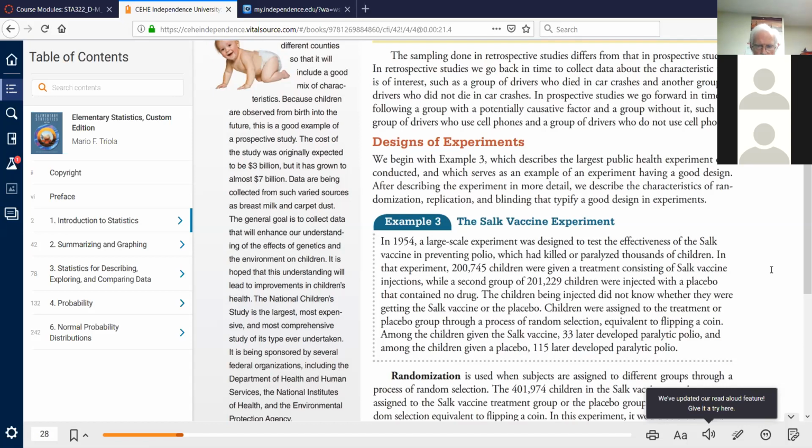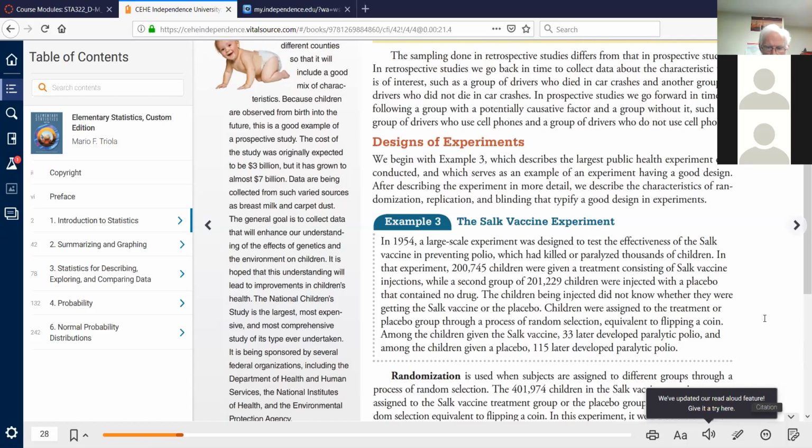This would be a hard study to do today, but in the 1950s, things were a little looser. But we looked at the effectiveness of this vaccine during the major polio epidemic that was going on at the time.